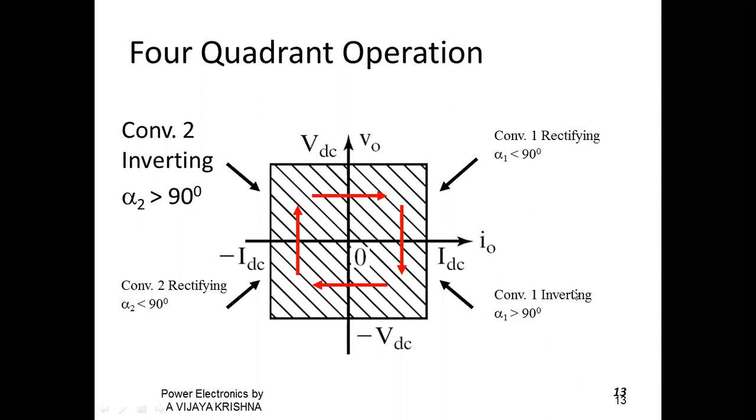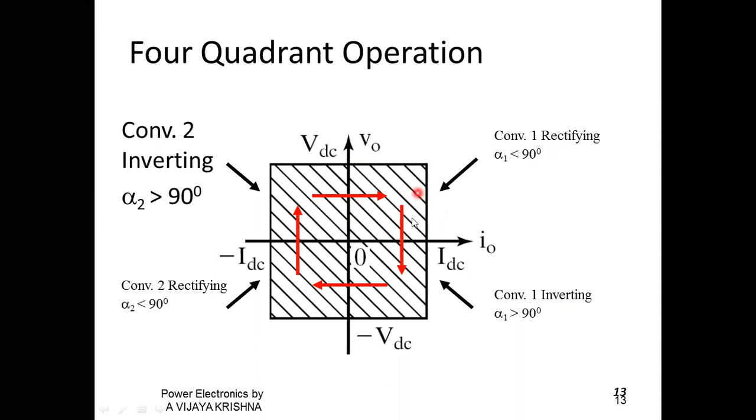That is nothing but the introduction towards the dual converters. Here, in the first quadrant, power flows from the AC source to the DC load. I will show it with a highlighter. Here, if you observe, this is the first quadrant operation.